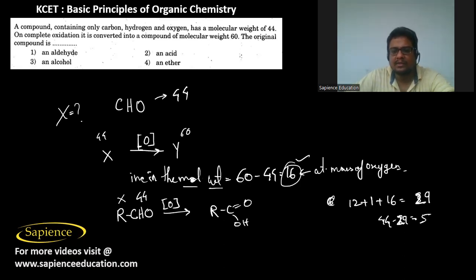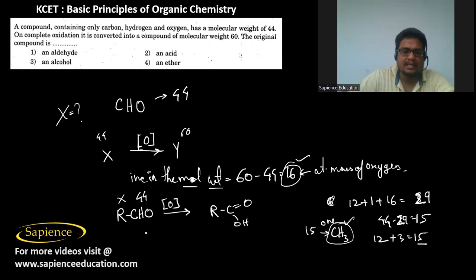So 44 minus 29 is 15. It means that it should have one CH3 group. Since carbon is 12 and 3 hydrogens, that will be 15. So the mass of one CH3 group, one alkyl group, is 15.